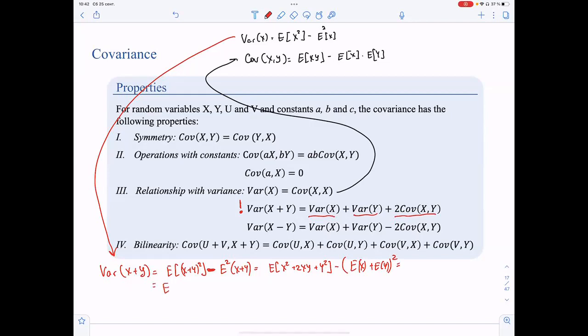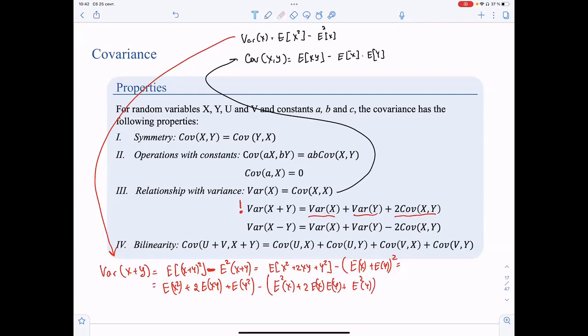Then what I do, I basically split the first expectation into a sum of expectations. Hopefully you recall that the expectation is a linear operator, and it's fine. It commutes with the sum. Basically, we have no problem splitting it into the sum of expectations, plus the expectation of y squared.